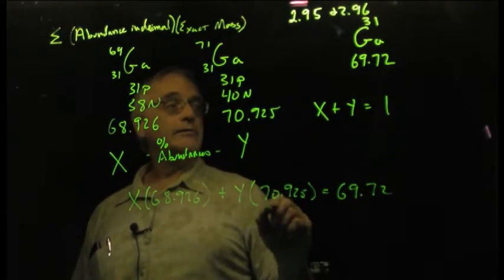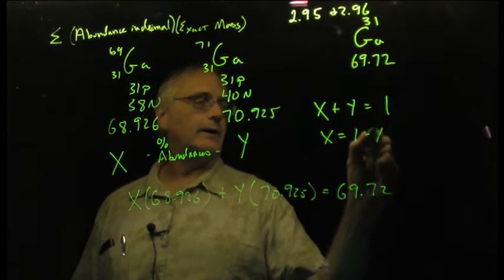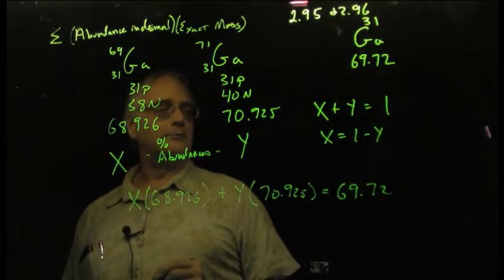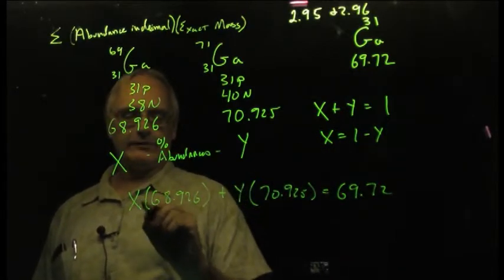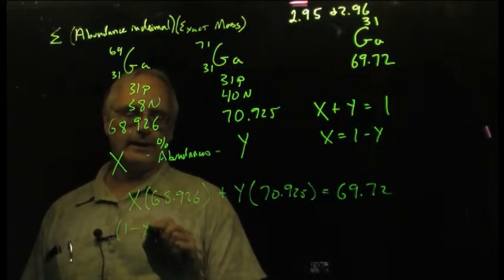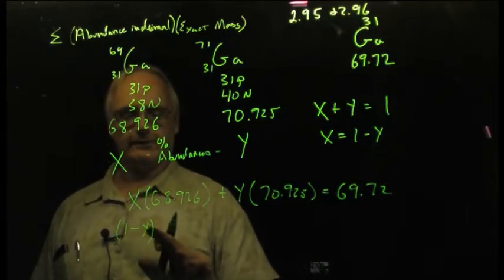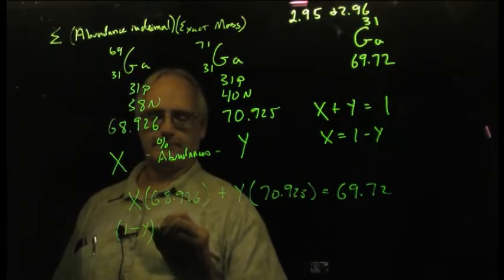And thus I can say, well, x therefore is 1 minus y. And oh my, look at this. I have something for x. If I just took this x and wrote 1 minus y, and make sure that really looks like a y.